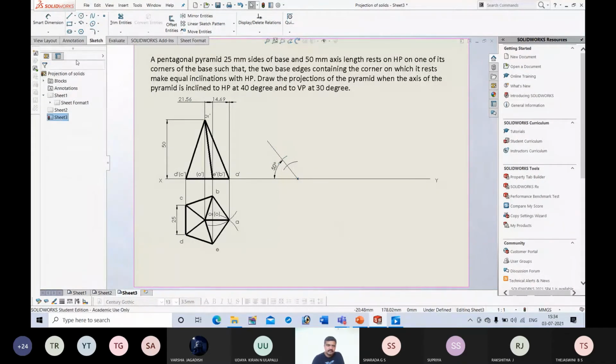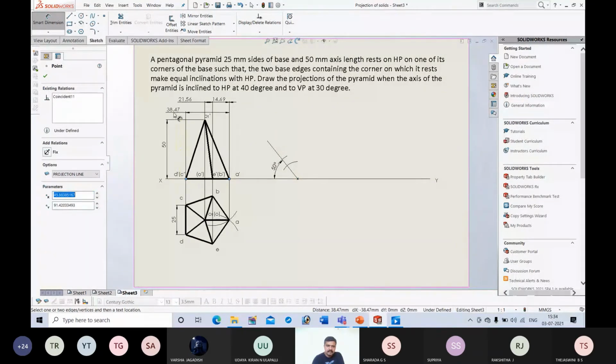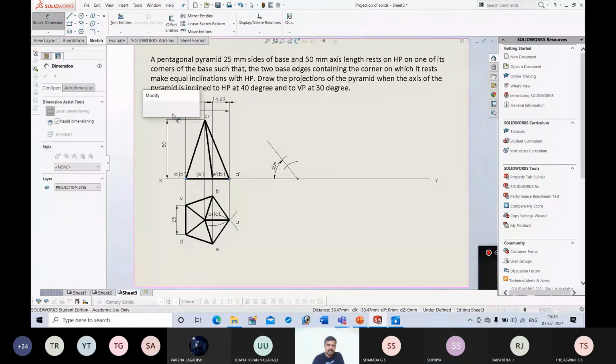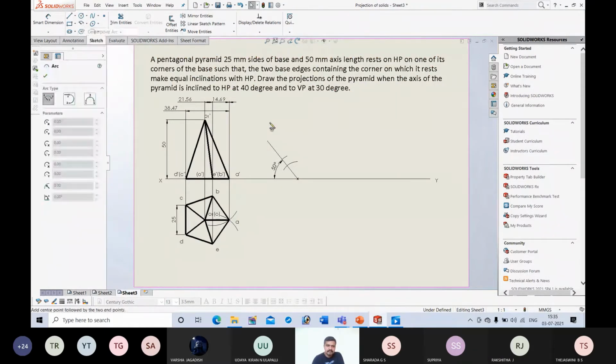Next, I will consider the radial distance between A to D. It is 38.47. You should use the compass for taking these radial distances, which you are familiar with. You already practiced a lot of problems in projection of planes. Similarly, you should take the radial distance.